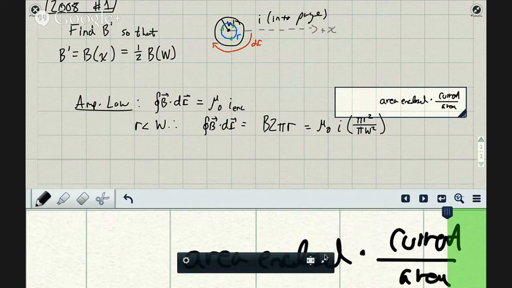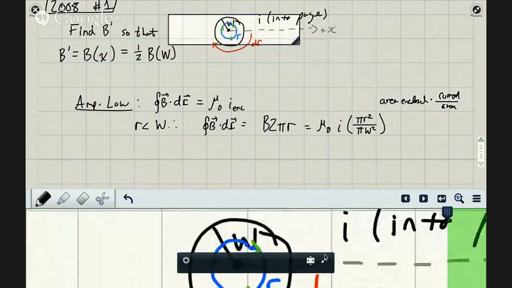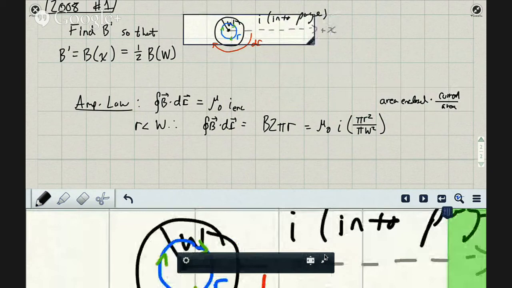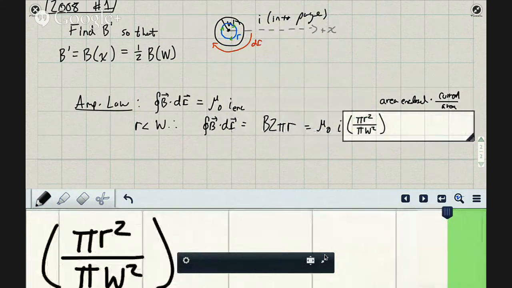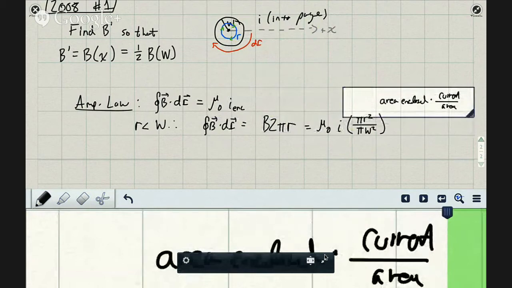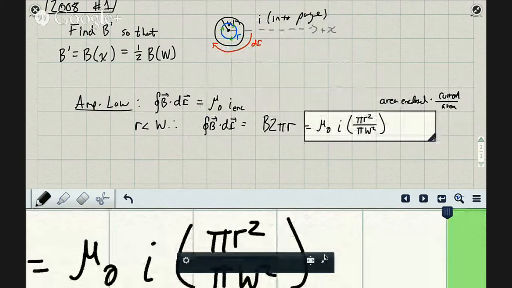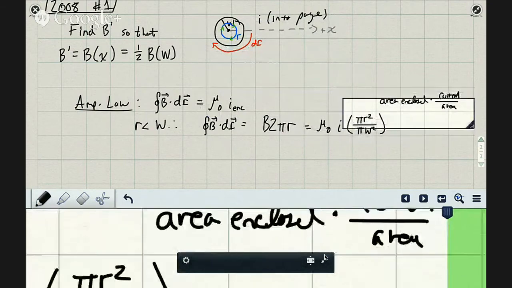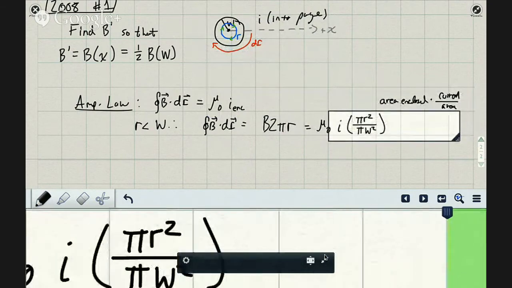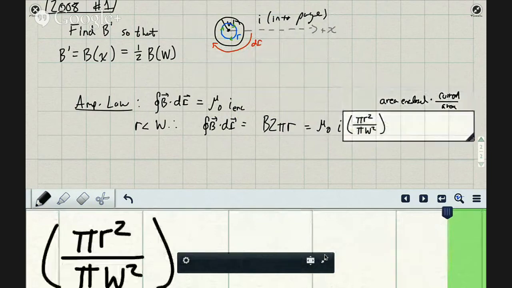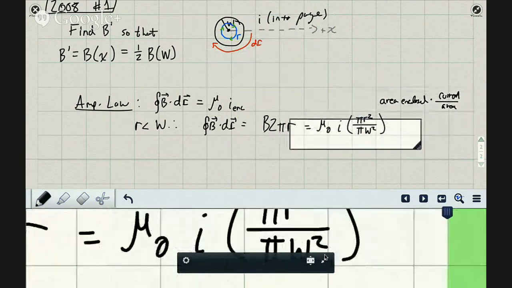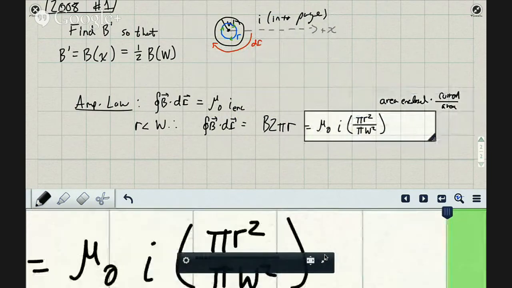We know there's a total current I through the area of pi W squared. Go ahead and convince yourself of that if that's not true to you. And so to get the current enclosed by this little loop, smaller than that area, we take the area enclosed, pi r squared, times the current I, divided by the total area, pi W squared.